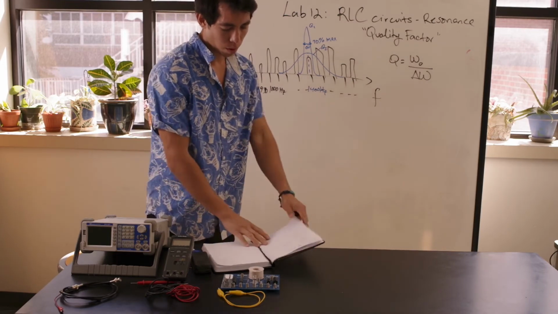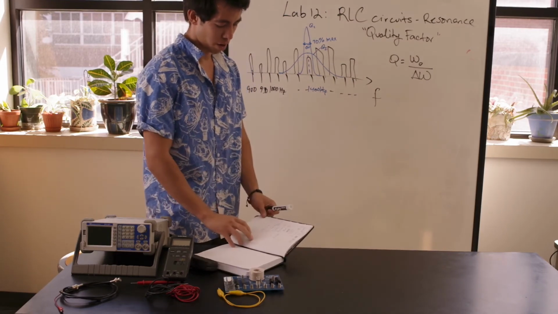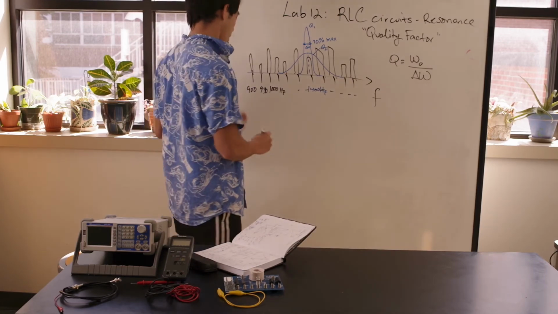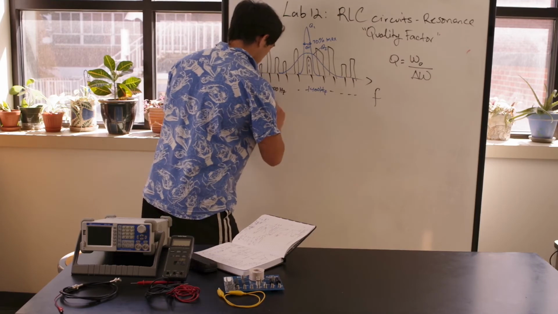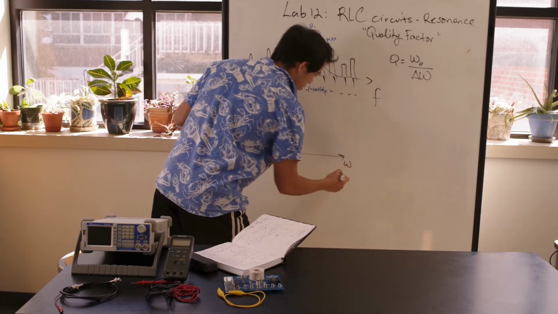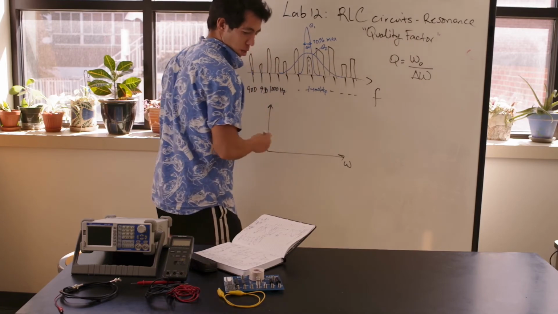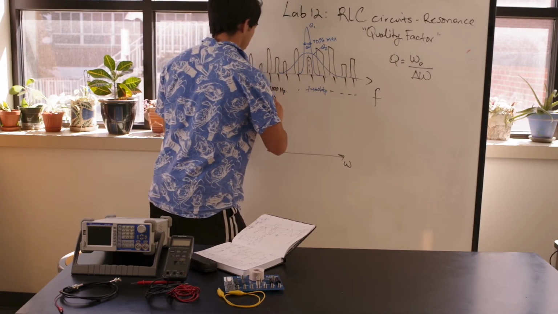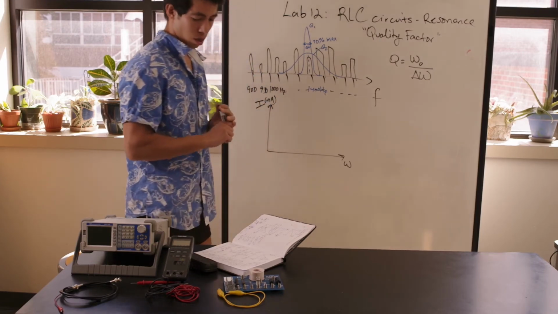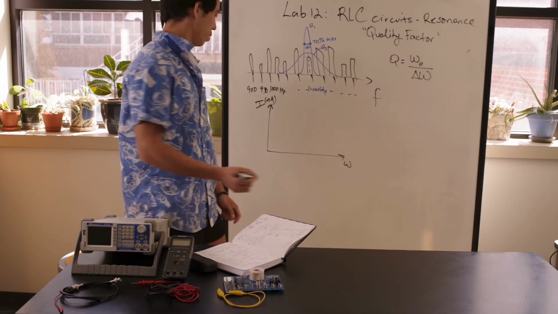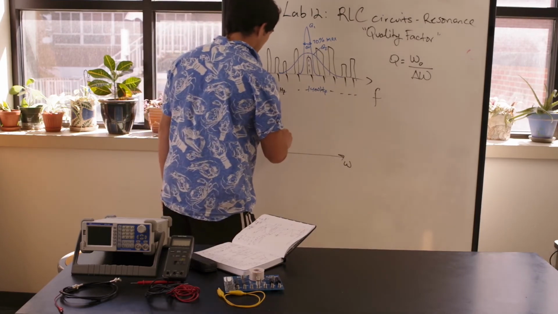So in today's experiment, we'll be measuring the quality factor of various RLC circuits by measuring the current. So we look at the driving frequency, omega, and we look at the current, say in milliamps, and we sweep the RLC circuit through a range of frequencies and measure the current.